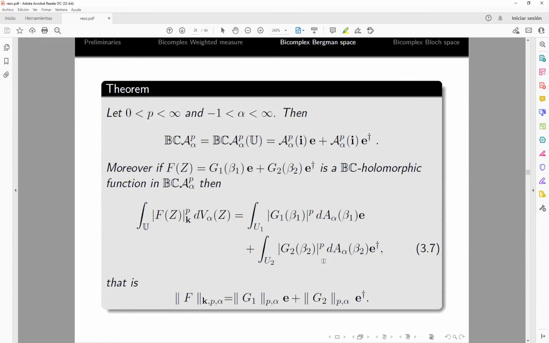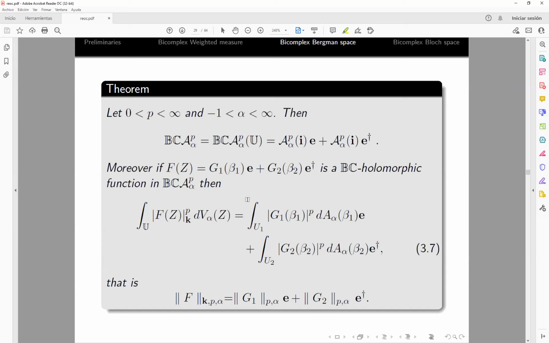Now, this theorem says that in particular, if we consider p greater than 0 and alpha greater than -1, then we can decompose the bicomplex Bergman space as a sum, in some sense, of the classical Bergman space in the first component, E, plus the classical Bergman space in the second component, E dagger.